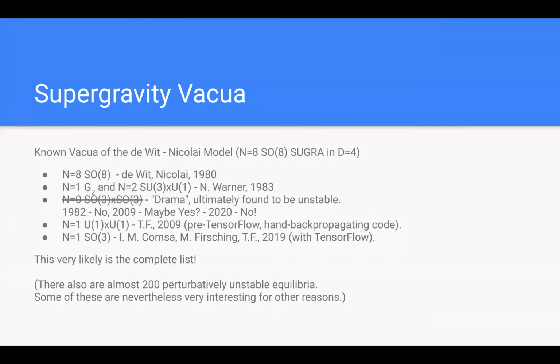So now here are the known vacua of the de Wit-Nicolai model, SO(8) supergravity again in 4 dimensions. Well, there is the vacuum with unbroken SO(8) symmetry that has full supersymmetry, and this is known since the construction of the model.